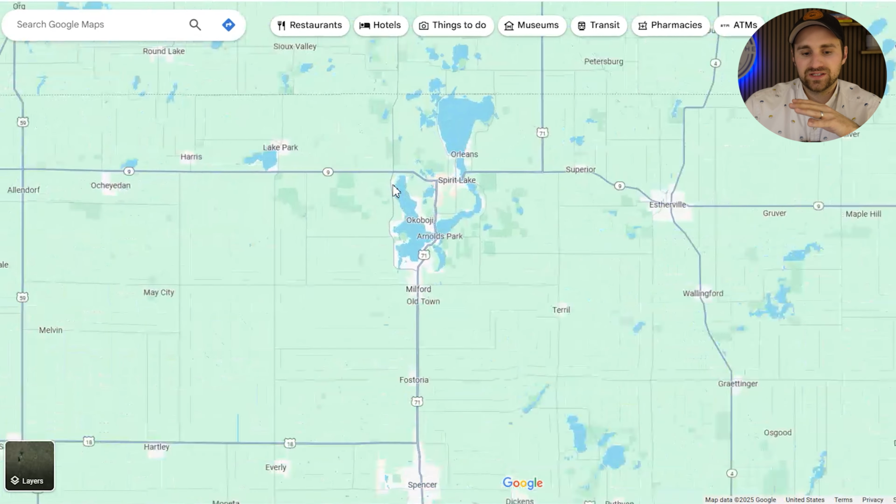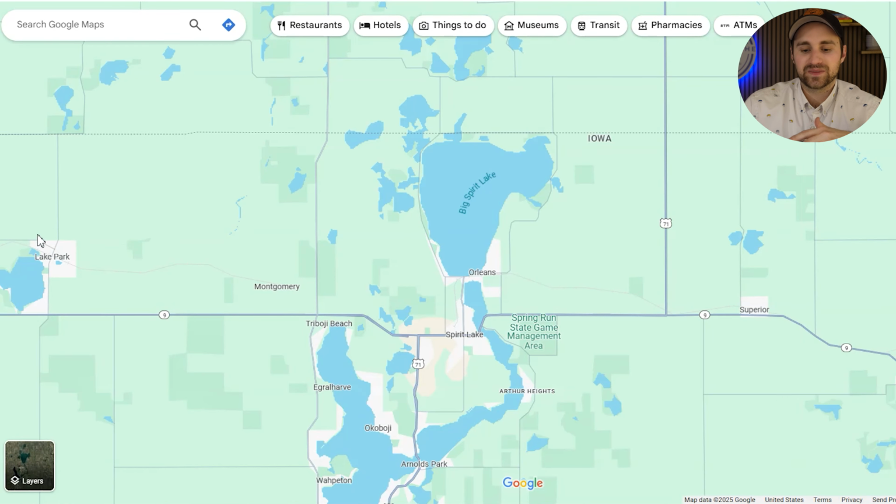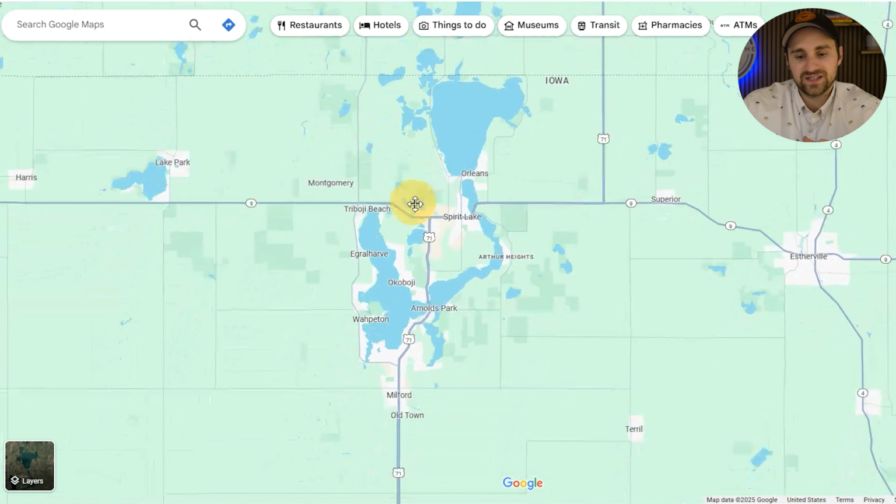Another one that people really like, and it's similar in the aspect of its visitors, is the Okoboji area. This is known as the Great Lakes of Iowa. You have Big Spirit Lake, very much a touristy area, but a lot of people also live in this area.